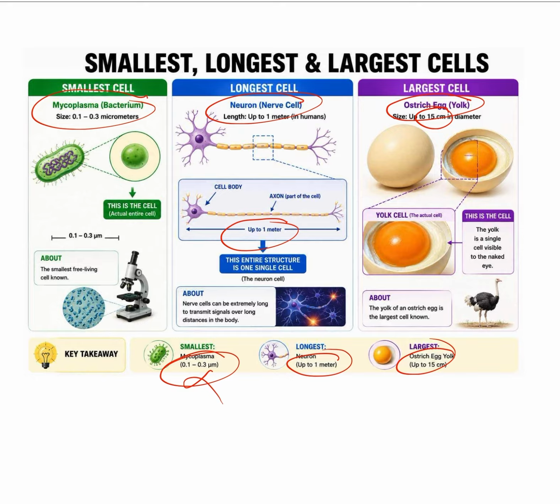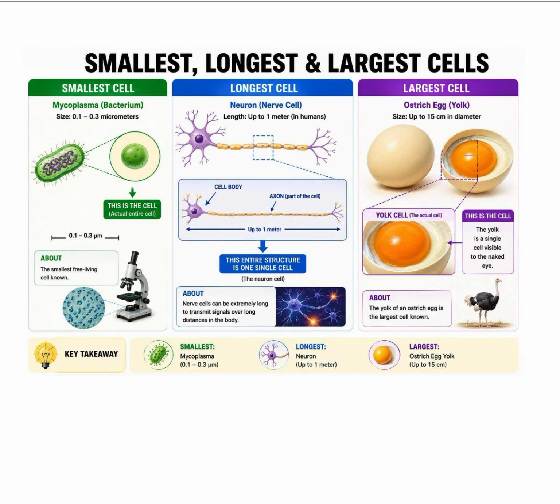Now, I am going to give you some interesting information here. Look carefully. I just told you about the different types of cell, right? Smallest cell, yes, it is mentioned. Largest, longest, mentioned. Now, tell me, largest plant cell. Nobody knows? Plant cell which can be visible in naked eye.